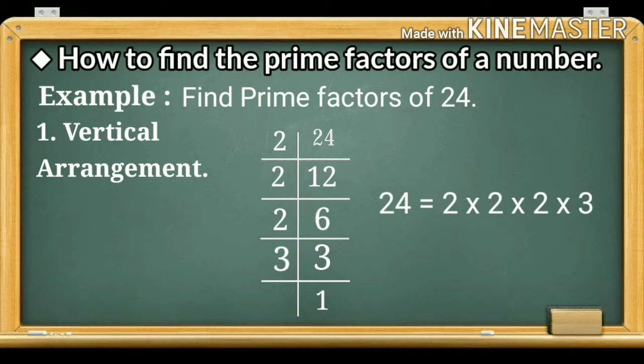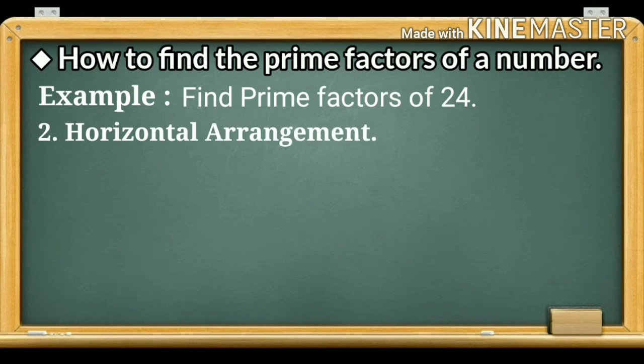Now see how to find prime factors by using the second method, that is the horizontal method. Horizontal means like this. That means we write line by line. Now 24 is written as 2 multiplied by 12.